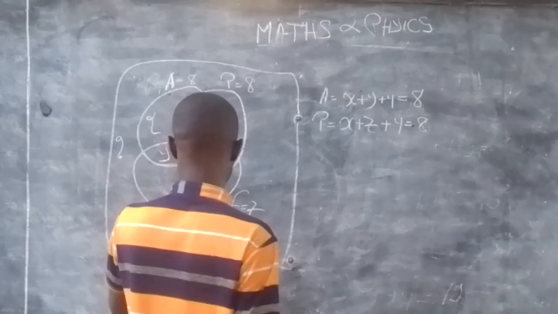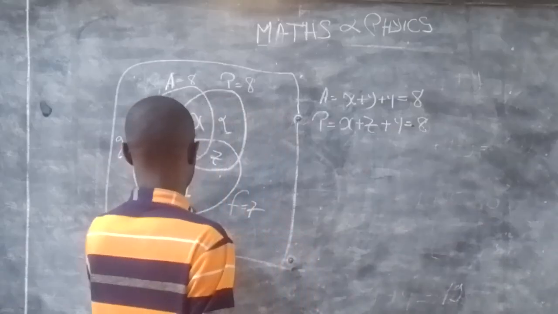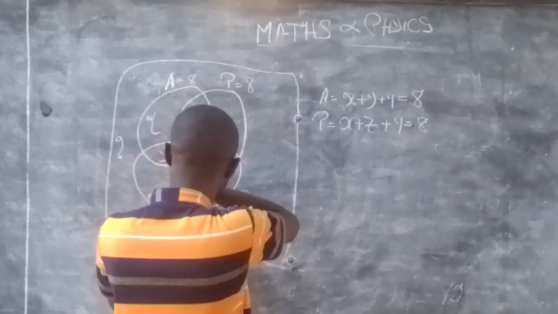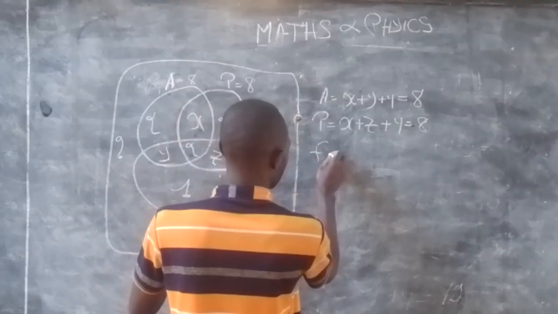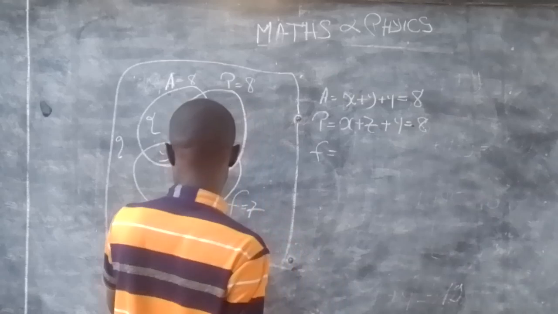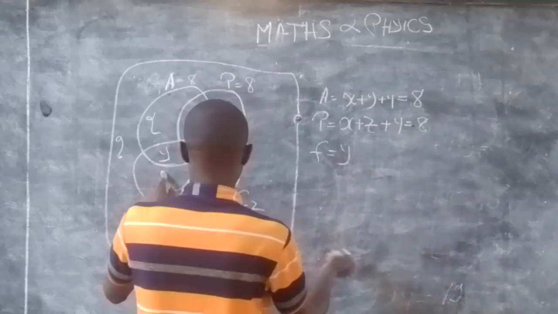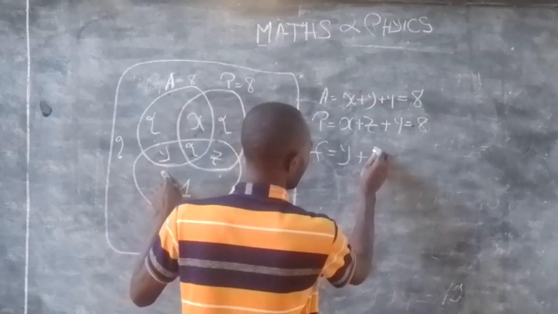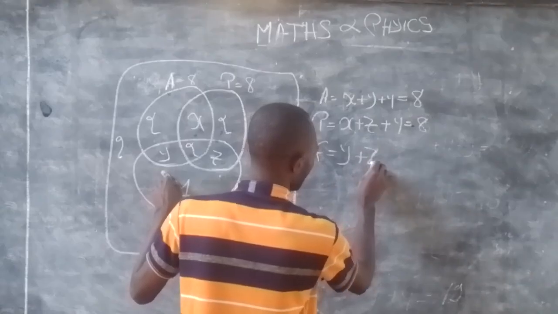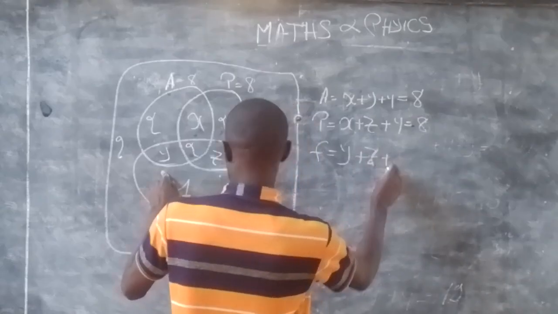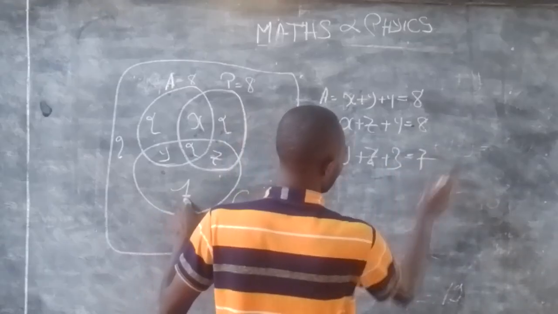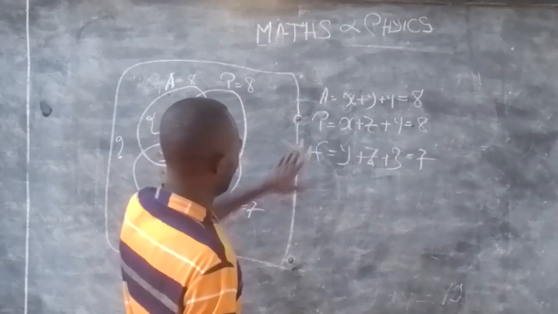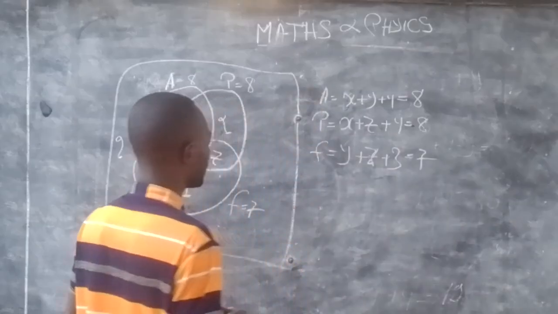Here we have the equation for finance: y plus z plus 3, equal to 7. So those are the three equations we have.